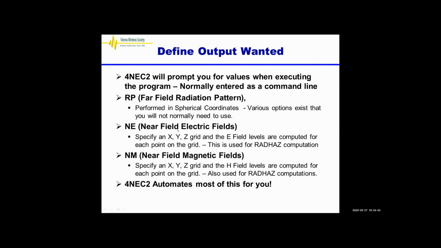These are commands that tell it to generate the near electric field and near magnetic field over a grid. You would use this, for example, for a RADHAZ assessment, where you're looking at the field levels around your antenna. Again, 4NEC2 automates this for you, so you don't have to get involved in these details as you would if you're running the normal NEC codes.